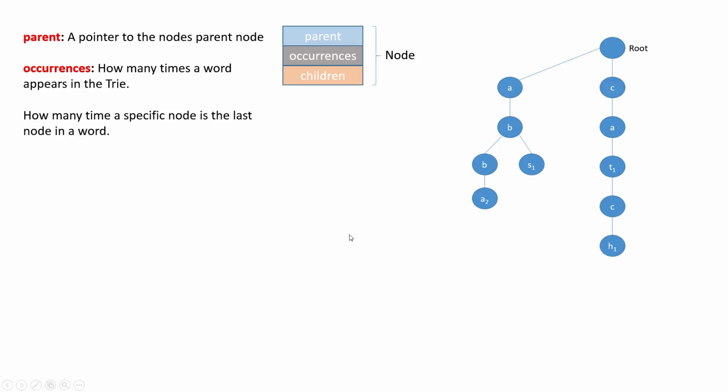And I should mention right now that there are multiple different ways to do this. When I first learned it, occurrences wasn't an integer that said how many times a word appears. It was actually a vector of integers, and you read in a document, and the integer was the place of the word.